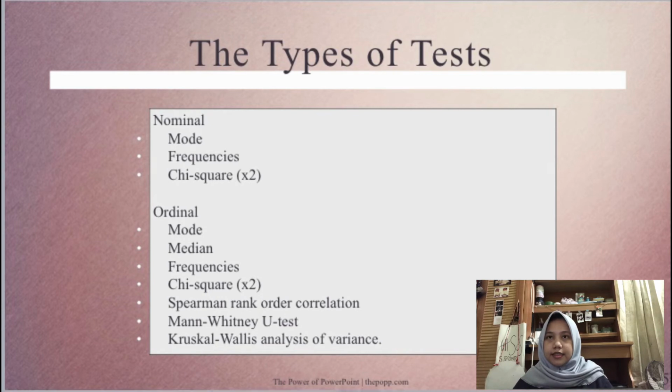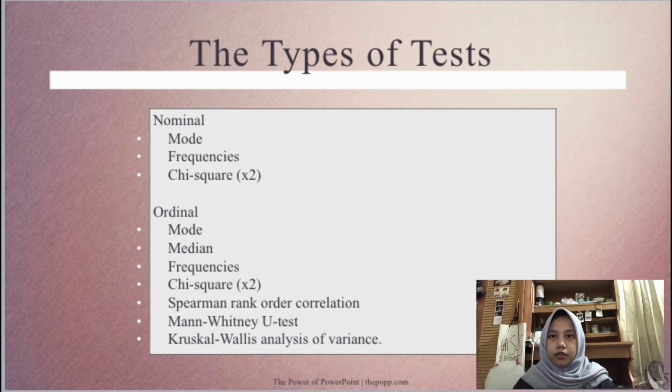Next is the types of tests for the scales of data before. First, nominal. They are mode. Mode is the score achieved by the greatest number of people. And then frequencies, and the last is chi-square. Chi-square is to determine if there is a difference between two variables.